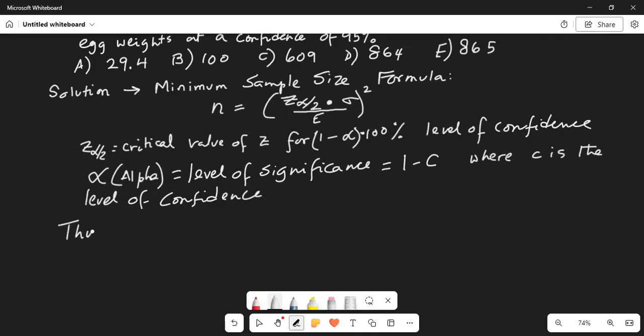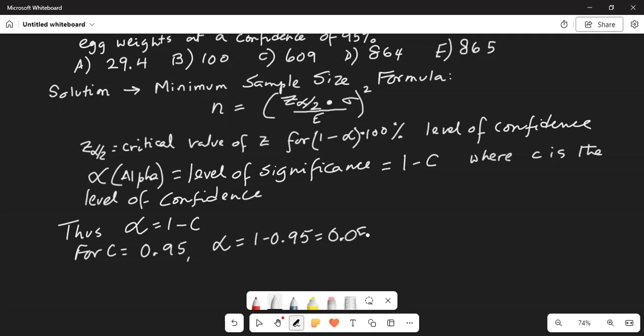Thus, alpha is equal to 1 minus C. For C equal to 0.95, alpha is 1 minus 0.95, which is 0.05.